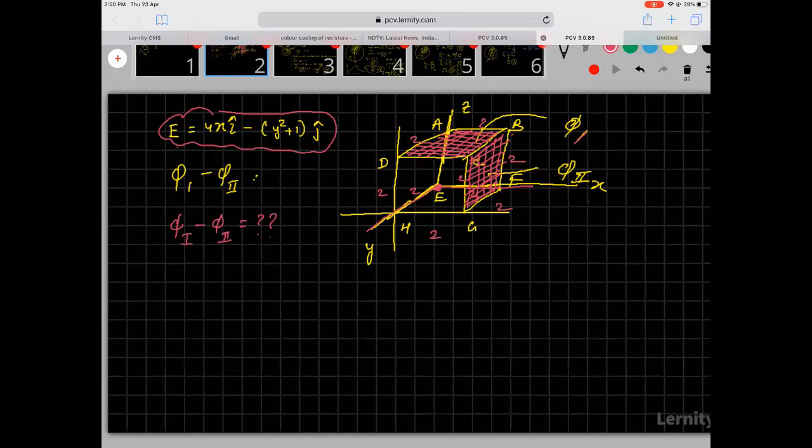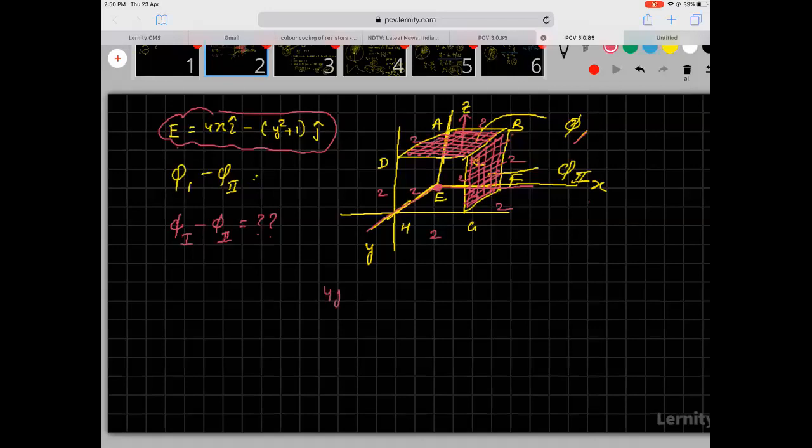Now you see, here I'm looking at phi 1 first. The area vector will be vertically upwards. So what will you say the area vector is? First thing, what is the area of that? Area of that will be 2 into 2, 4.